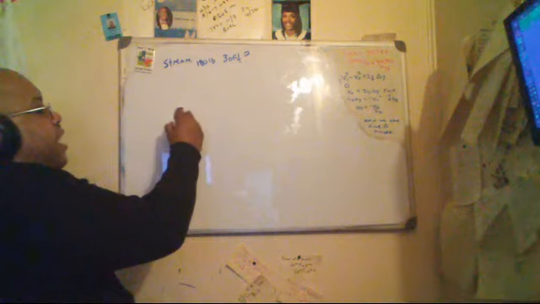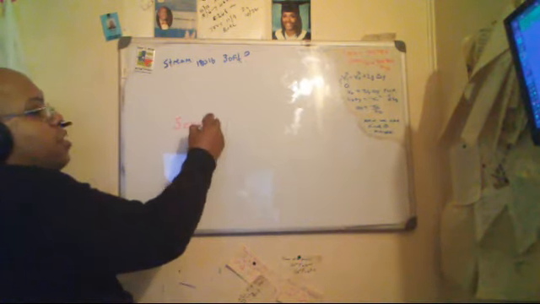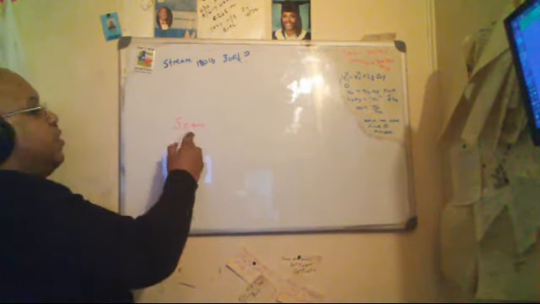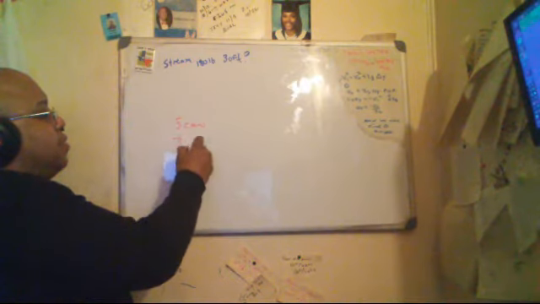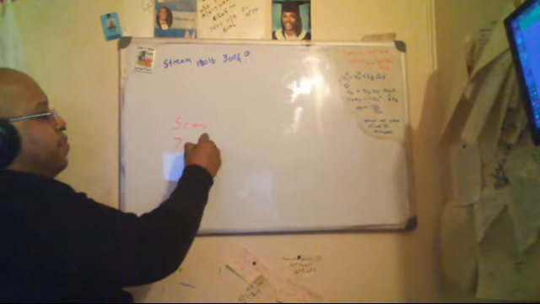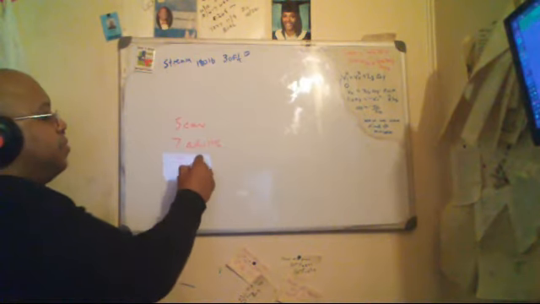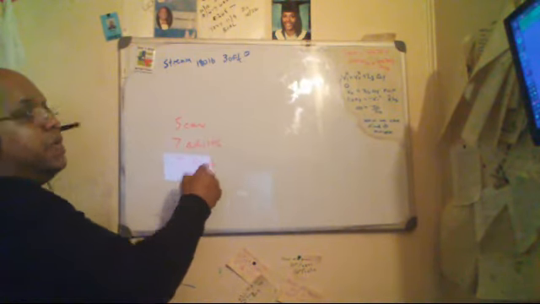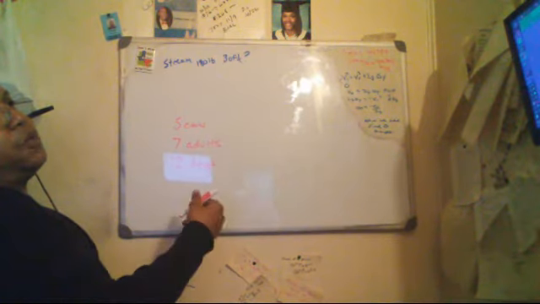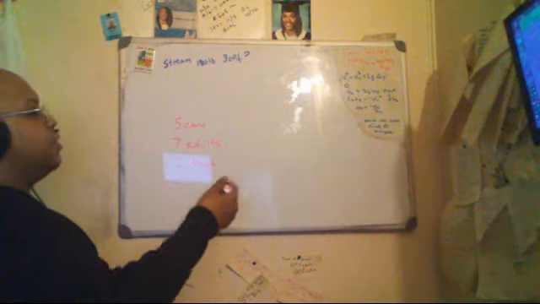So we need 5 cans of food for 7 adults, and for 2 days. And they want to know how many cans of food are needed for 4 adults for 7 days.